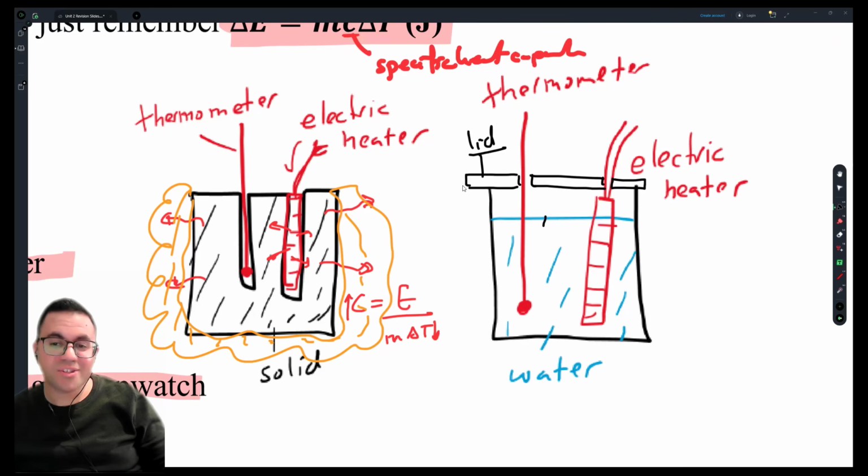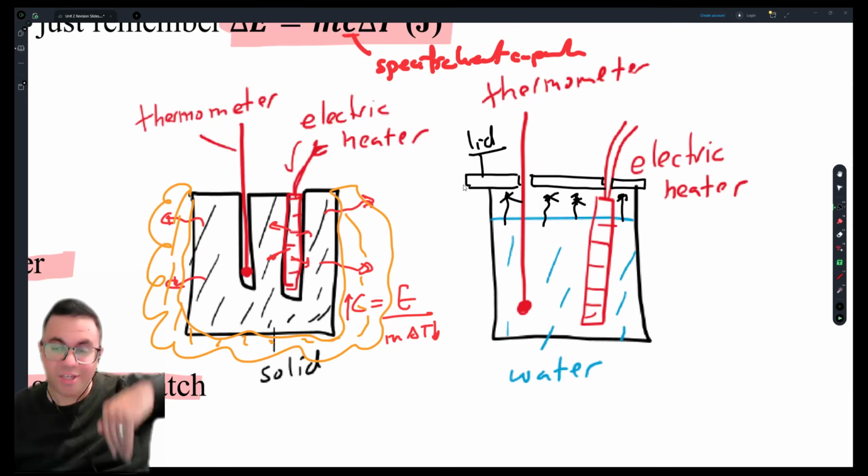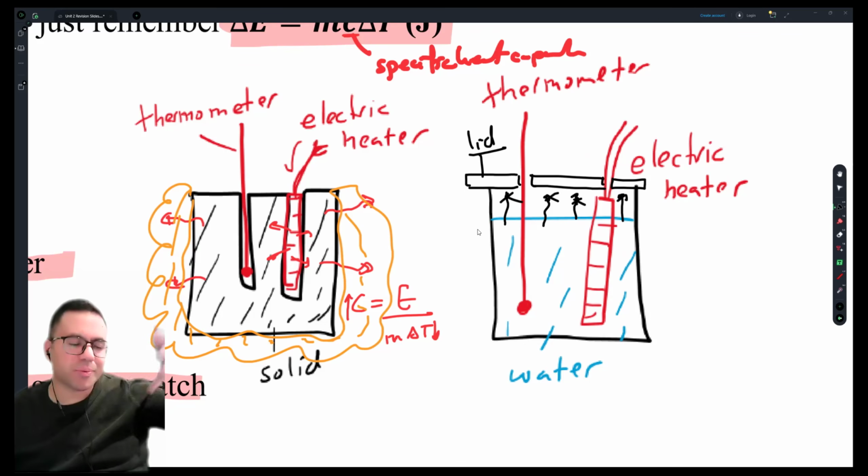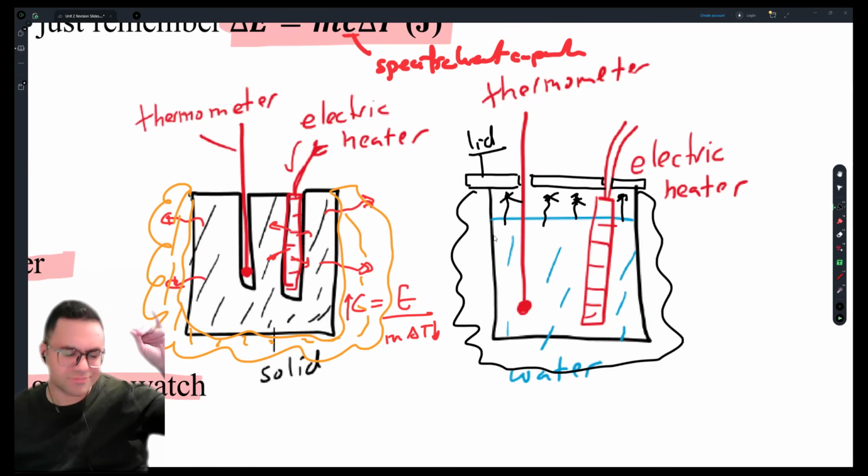Why? Because that stops or reduces the heat from escaping through convection and evaporation. So it stops the hot air from rising, stops the liquid from evaporating, or at least the heat loss. So you get the correct, accurate measurement of temperature. Obviously, if you insulate it, that's even better too.